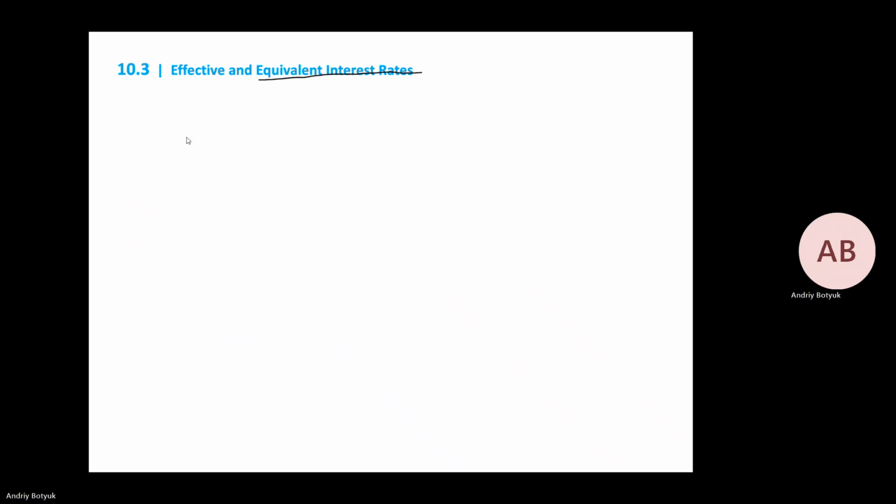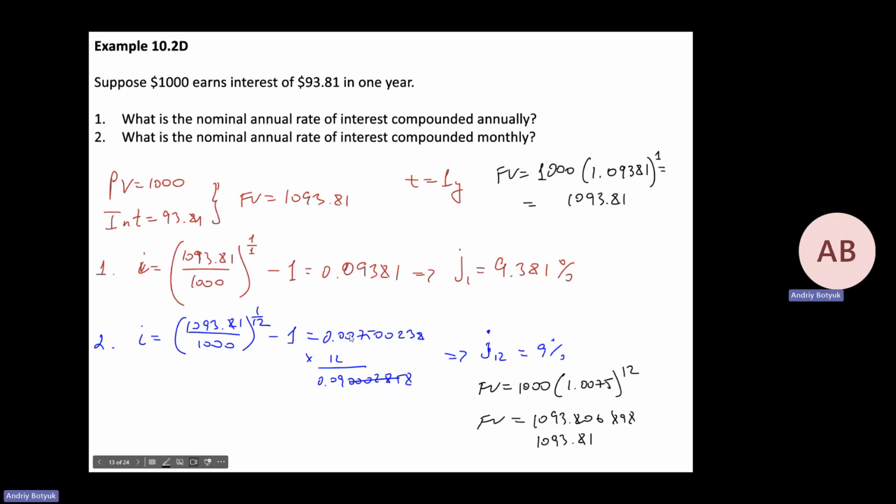Okay. Now look at that here. What do I have? Effective rate. And because these two are equivalent, I say that this one is equivalent to that one. But one of them is compounded annually, so I treat it as effective.